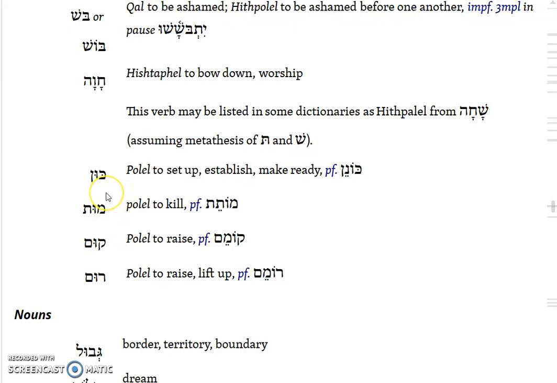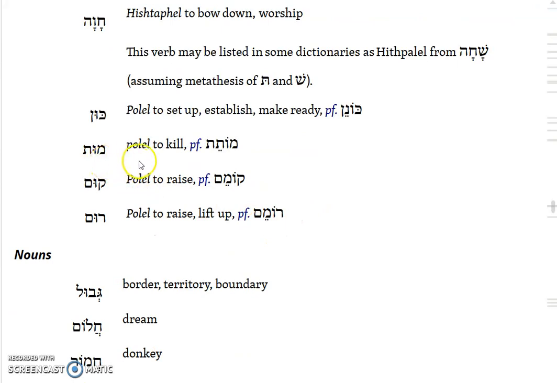And then you have the root kun, which in the polel means to set up. The perfect form shows up as konan, and set up, to establish, to make ready. Mut we've seen before, but it occurs in the polel, motet, meaning to make something dead, to kill.